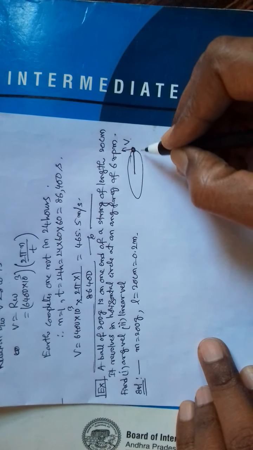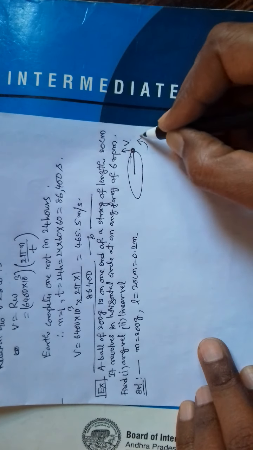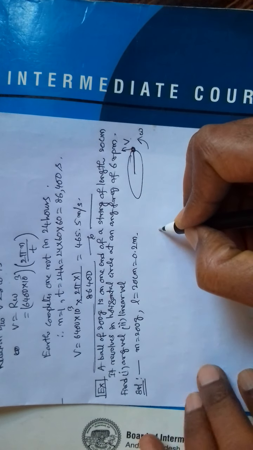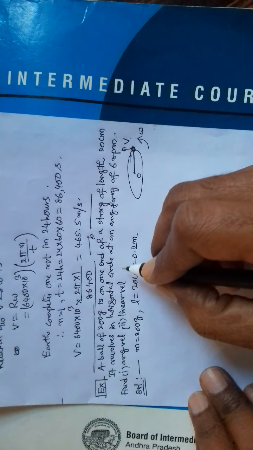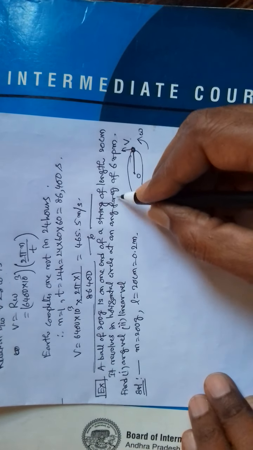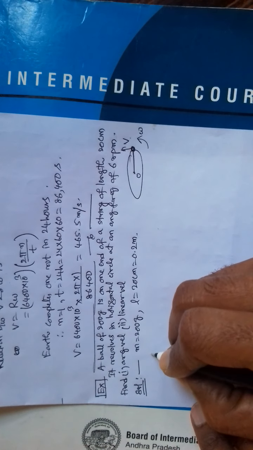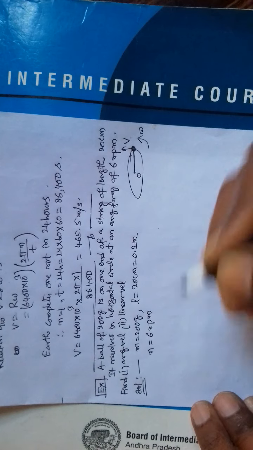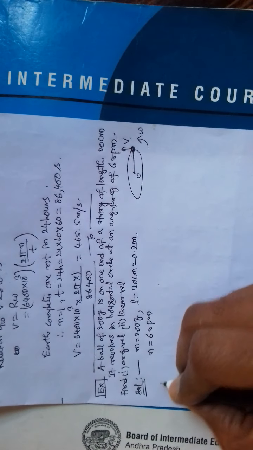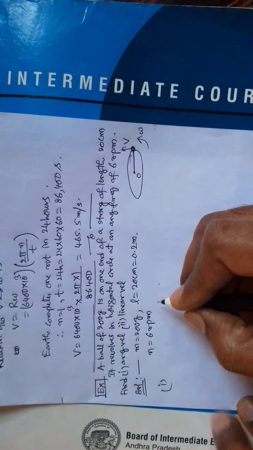Linear velocity v and angular velocity omega. Now RPM, angular frequency RPM, that is n is equal to 6 RPM. So first, angular velocity is asked.